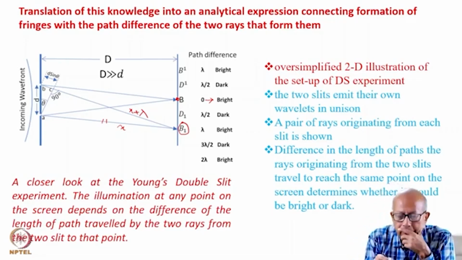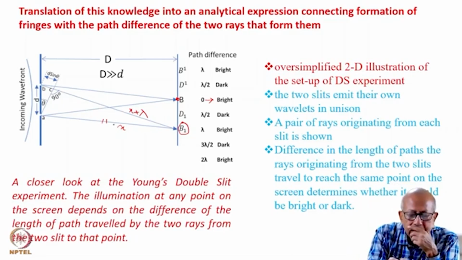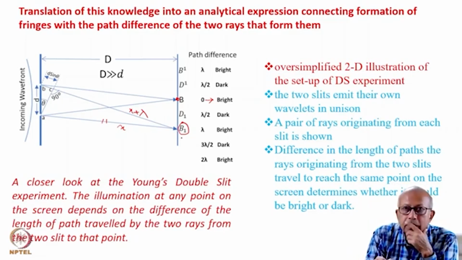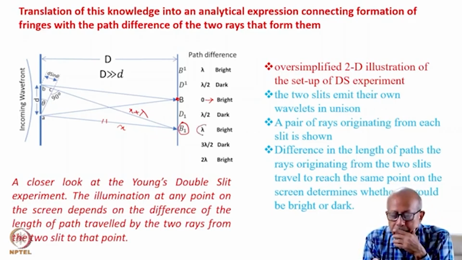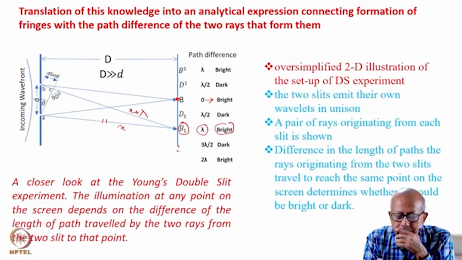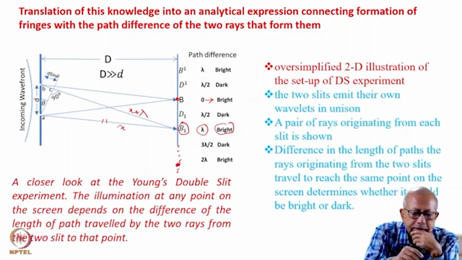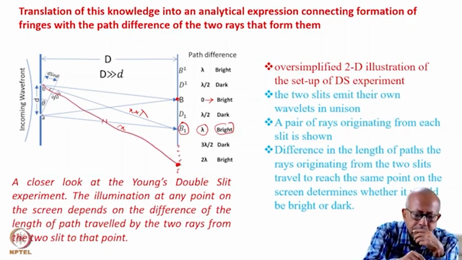So at this point, the path difference of these two rays, which have interfered and produced a bright region of intensity, is lambda.